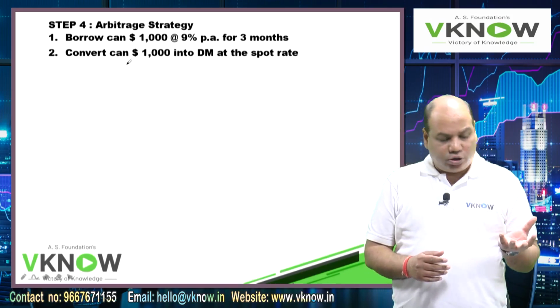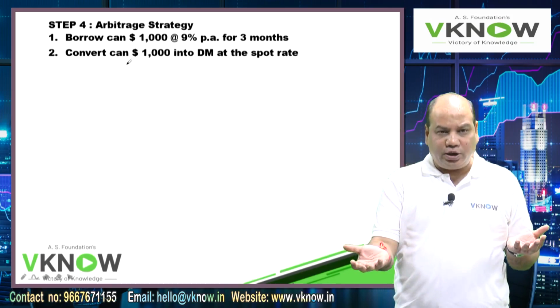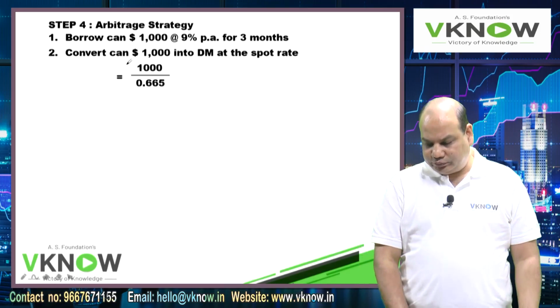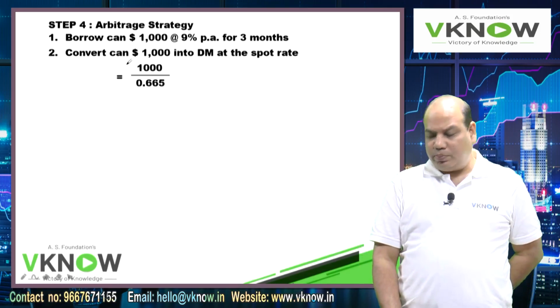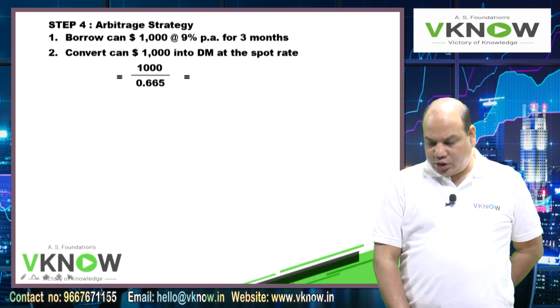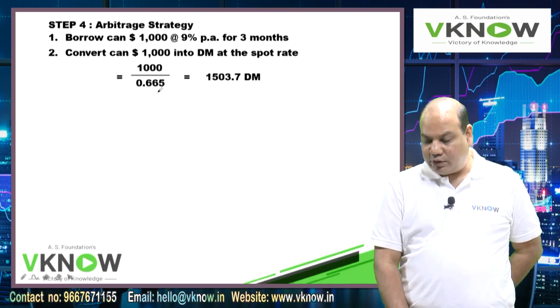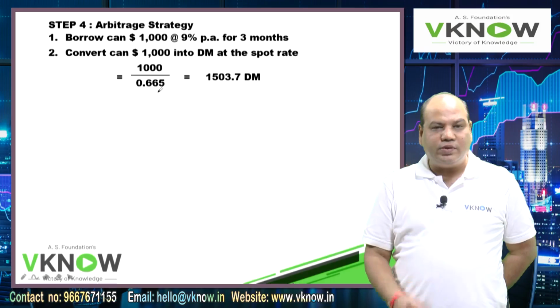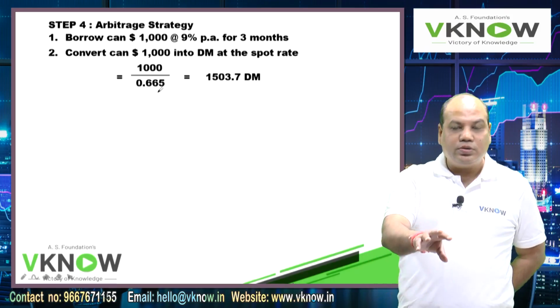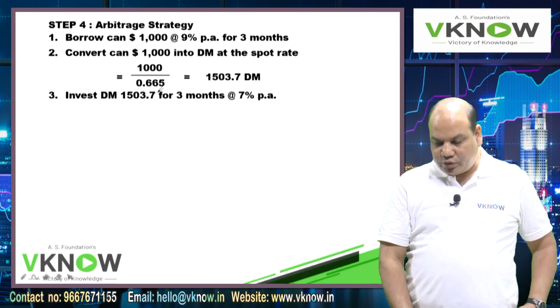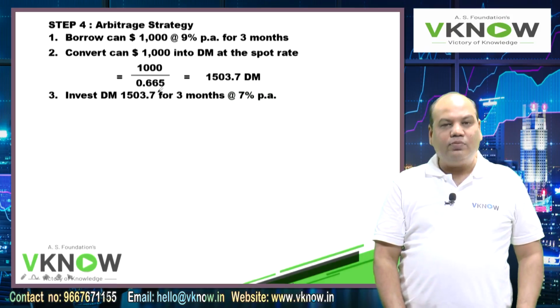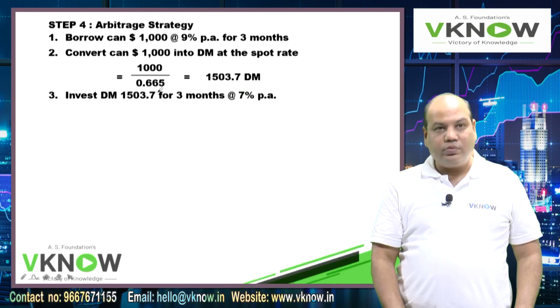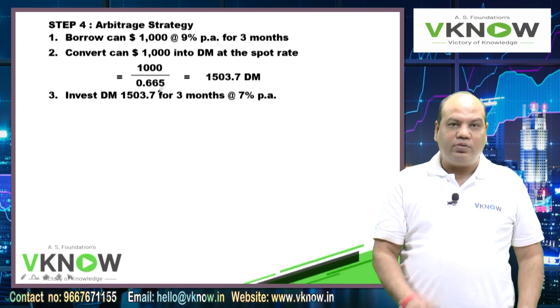You have Canadian dollar, the rate is per DM, so you will divide: 1000 divided by 0.665. In the basics we have discussed when to multiply and when to divide. This is Canadian dollar, this is rate per DM, divide. So now you will be holding 1503.7 DM. What will you do with this? You will invest in Germany for 3 months: invest DM 1503.7 for 3 months at 7% per annum.